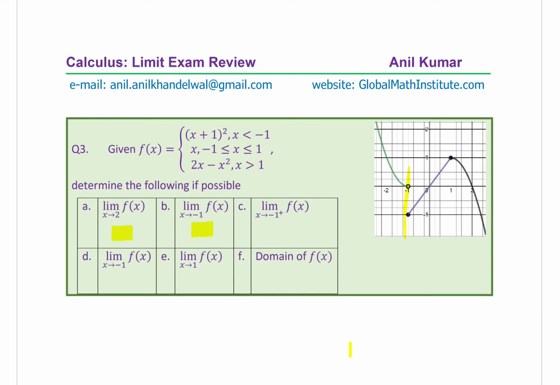Then in between, f of x is x, which means a straight line which goes through the center, from minus 1 to 1, so those two ends are filled in. And then we have 2x minus x squared, where x is greater than 1, which is again a parabola which opens downwards as shown here. So once you have your graph, which has been sketched here for you, you can now answer these questions faster.